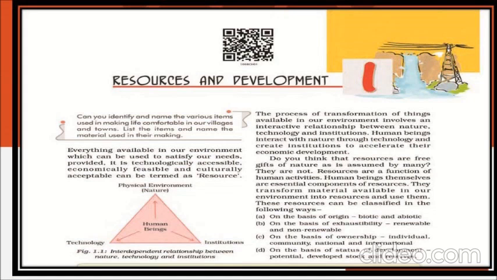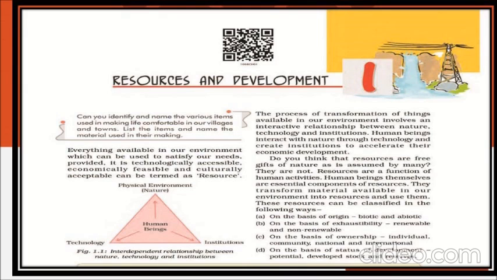Now the question comes: what is a resource? So in the book, just read the line: everything available in our environment which can be used to satisfy our needs, provided it is technologically accessible, economically feasible, and culturally acceptable, can be termed as a resource.